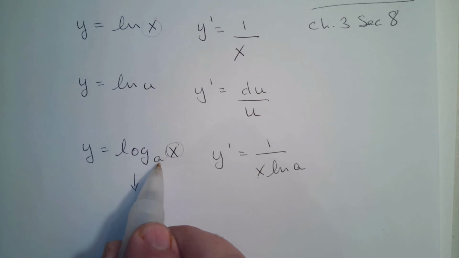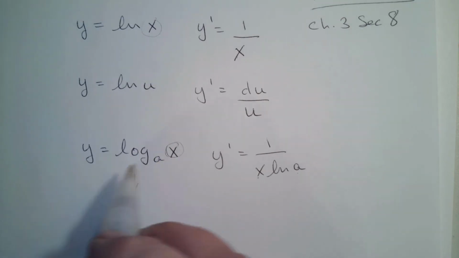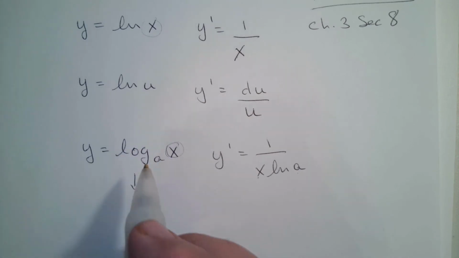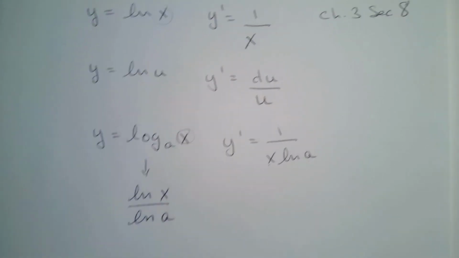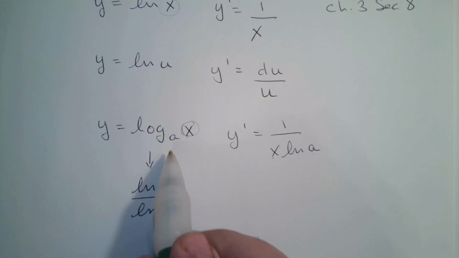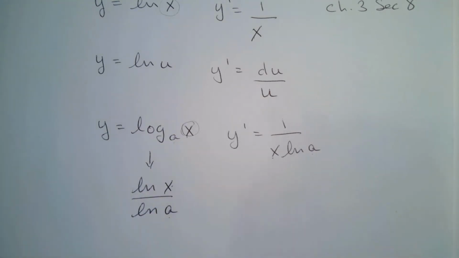If you don't have log base 10 or log base e, you can't use a calculator for this, so you have to do change of base. The change of base is like this. Whatever's here goes on top, whatever the base is goes on the bottom.